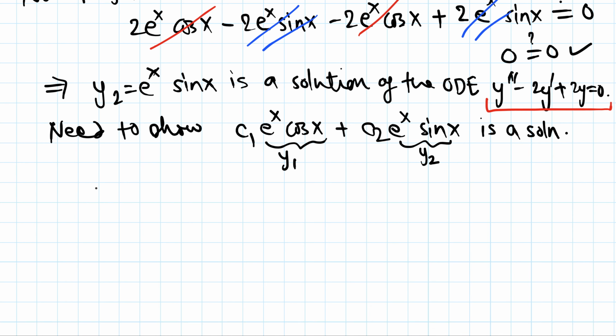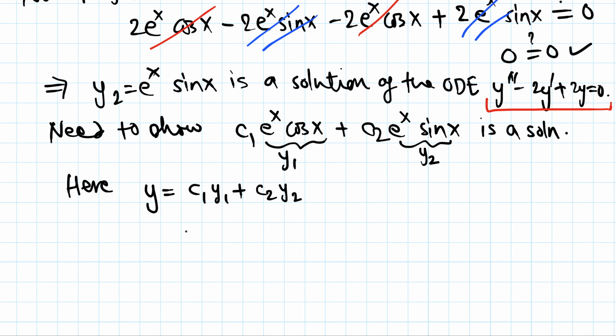Okay, so here we are trying to show y equals this is a solution. And I'm writing in shorthand notation y1. So c1 y1 plus c2 y2, where y1 is a solution, y2 is also a solution.